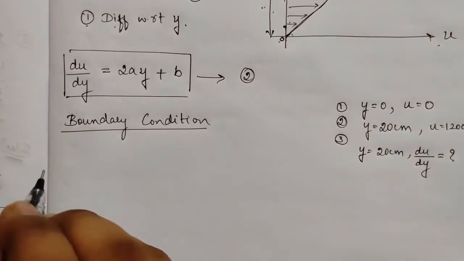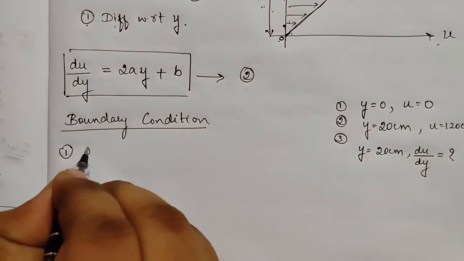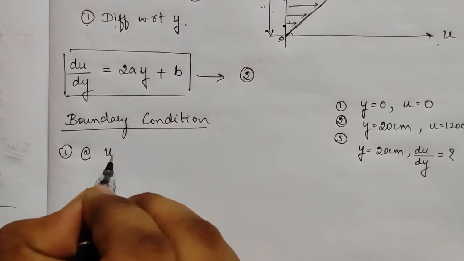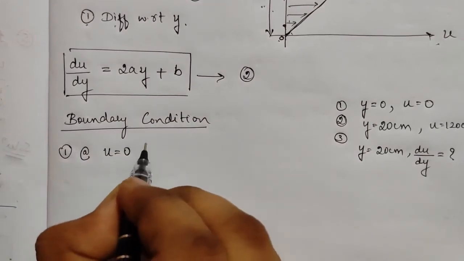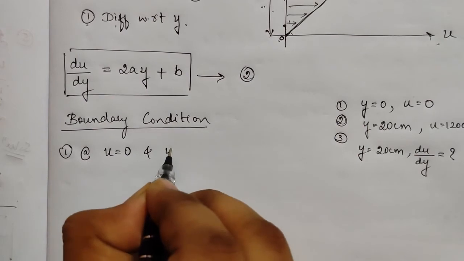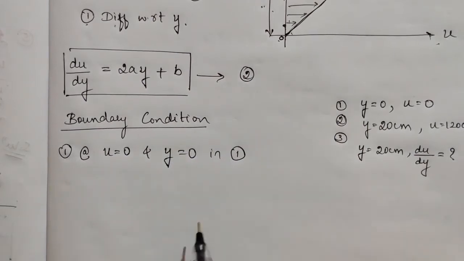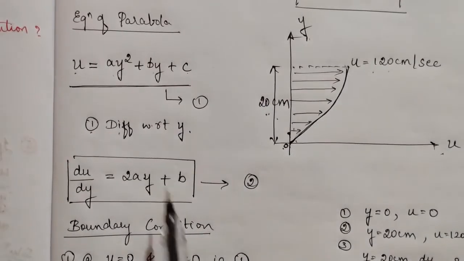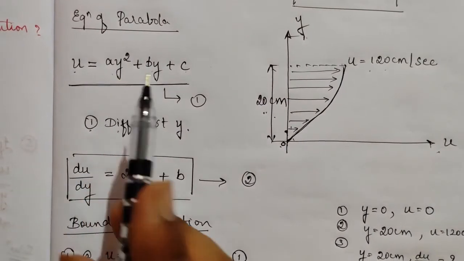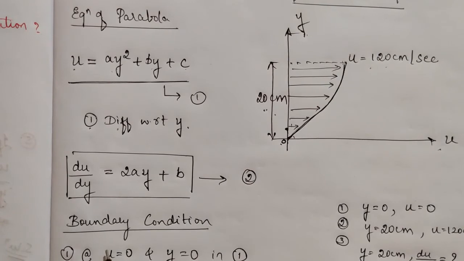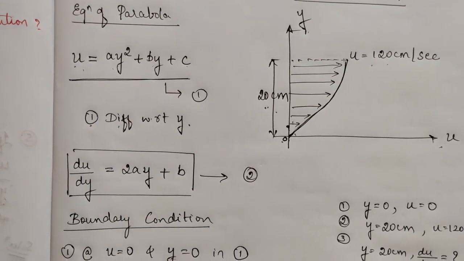I'll apply the first boundary condition, u = 0 and y = 0, in equation number 1, that is u = ay² + by + c. Put 0 in place of u and 0 in place of y.